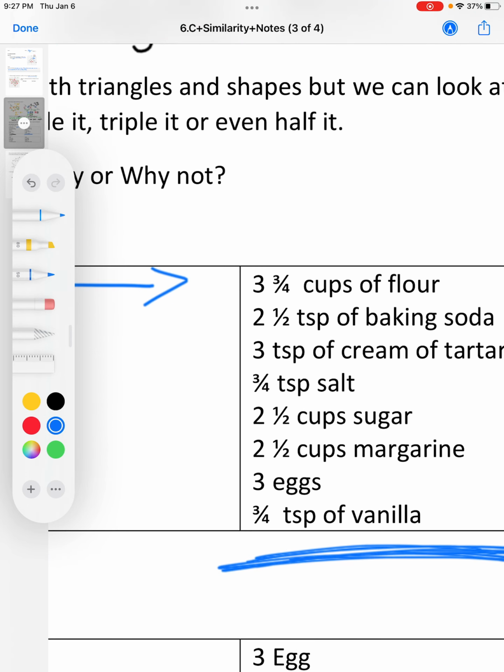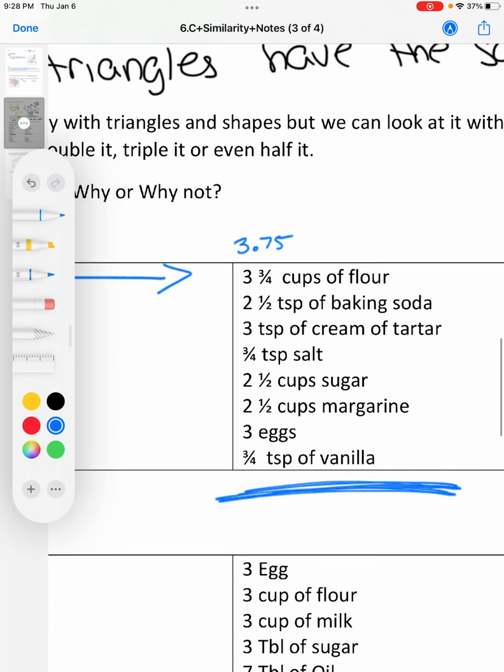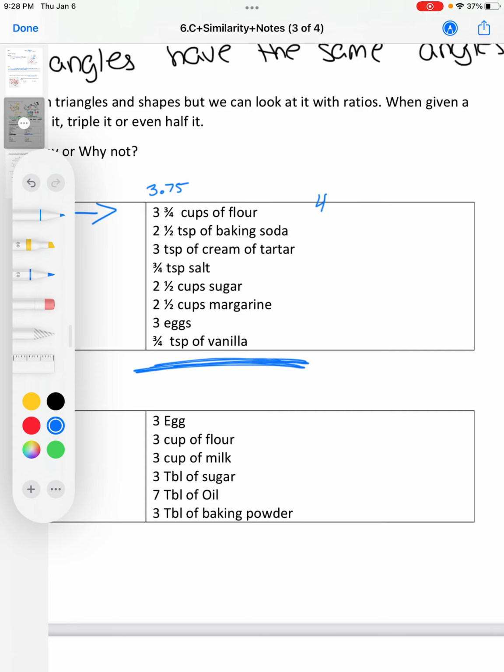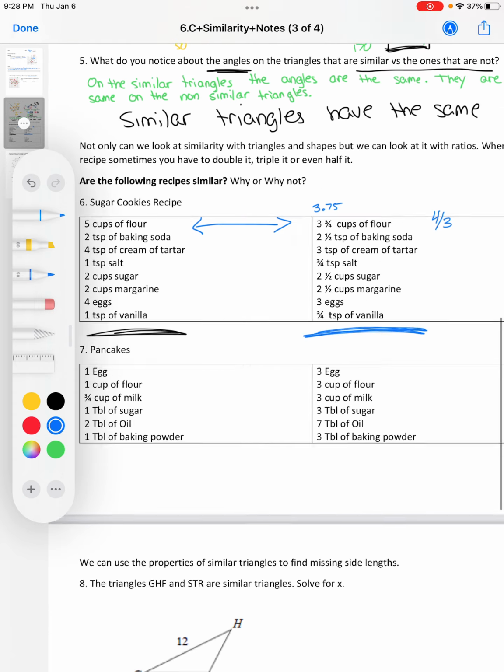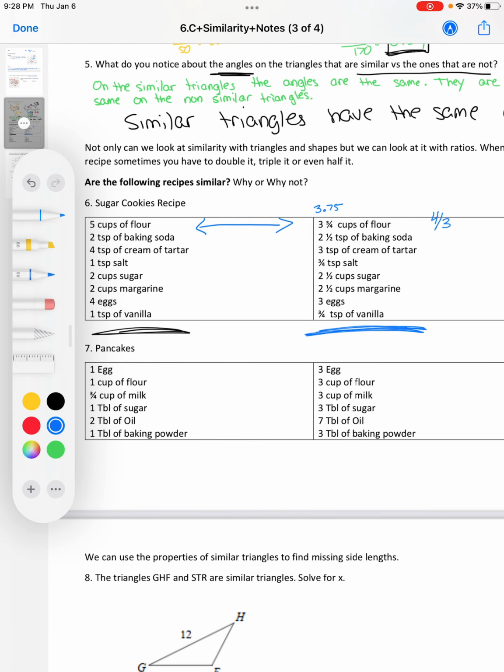It might be easier if you think in decimal form. That's just 3.75, okay? So we'll go 5 divided by 3.75. We get a factor of 4/3. Okay, what about when we do 2 teaspoons divided by 2.5? Let's type that into our calculator.